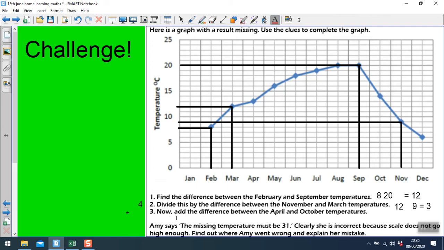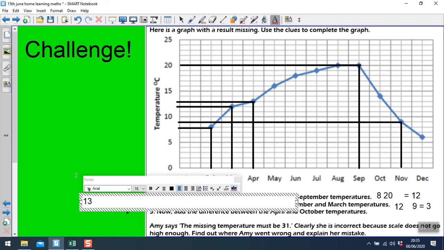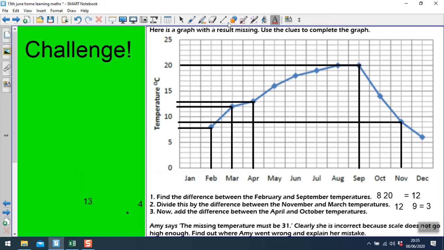Now add the difference between April and October temperatures to the number 4. So April is 10, 11, 12, 13 degrees, and October is 14 degrees.